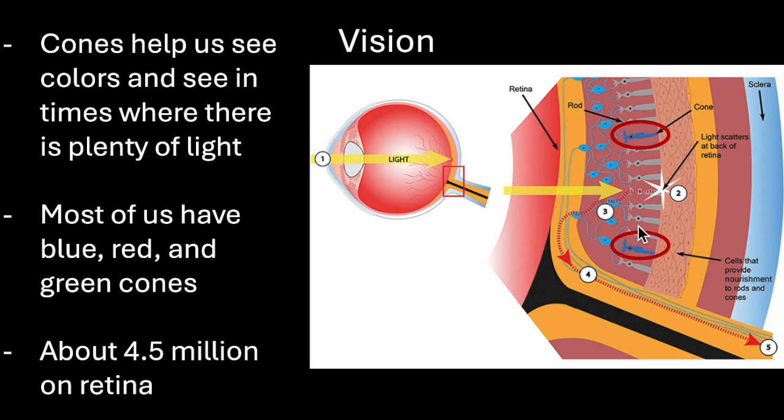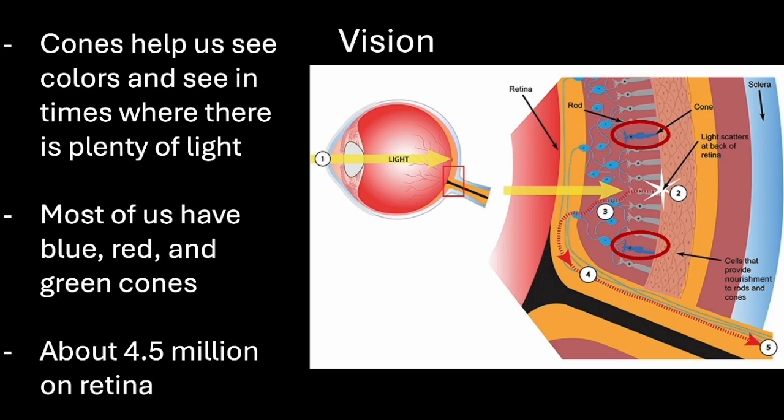And these are specialized for specific types of wavelengths of light. So most help us see blue, red, and green light. So there's individual cones for each of these. These have higher spatial acuity, so they help us see more clearly. But there's only about 4.5 million of these on the retina compared to 91 million. So it's a big difference.